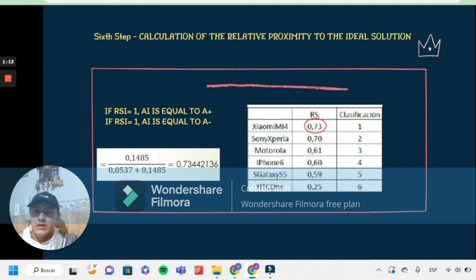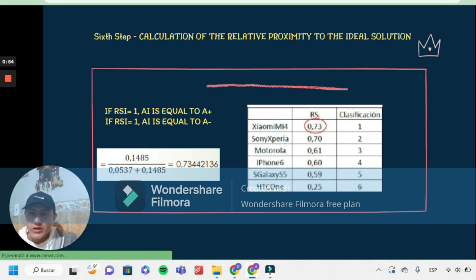And if it is not equal to 1, this will not be the ideal solution. So in this case, only when it is equal to 0 is it going to be the negative ideal solution.